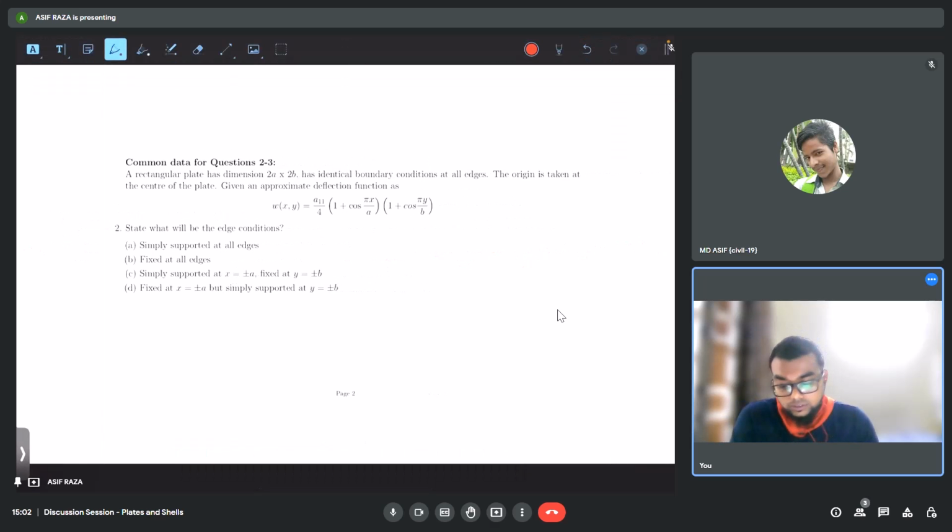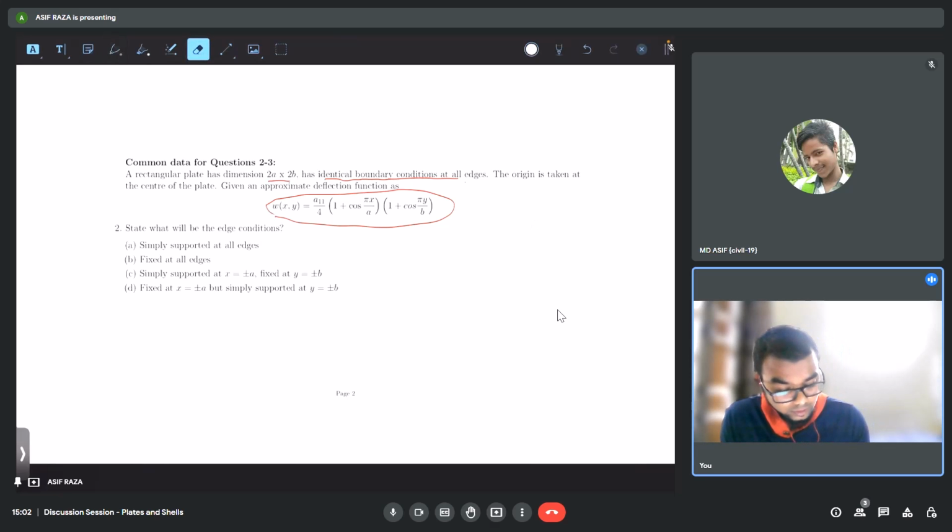Next question is, there is a rectangular plate with dimension 2a by 2b, has identical boundary condition at all edges. The origin is taken at the center of the plate. Given an approximate deflection function, we have to find what kind of boundary condition we have.